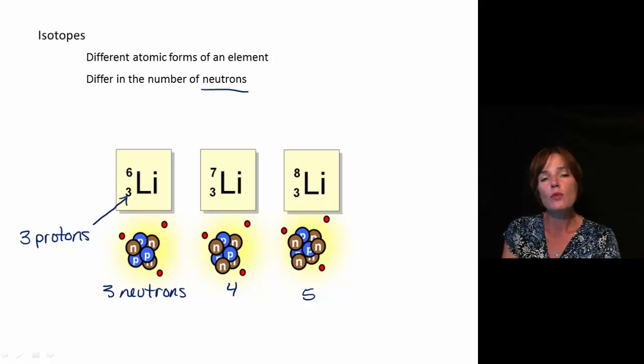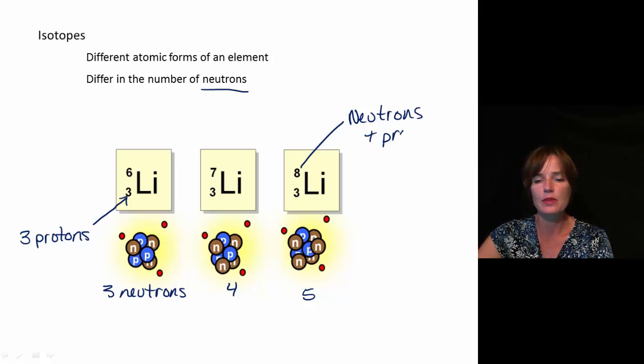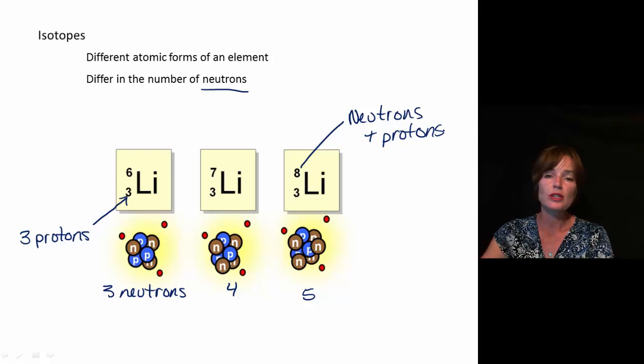And the reason why we're seeing that larger number increase on the top is because this number right here happens to be the number of neutrons plus the number of protons. So it's really telling us how many particles we have in the nucleus of that particular atom.